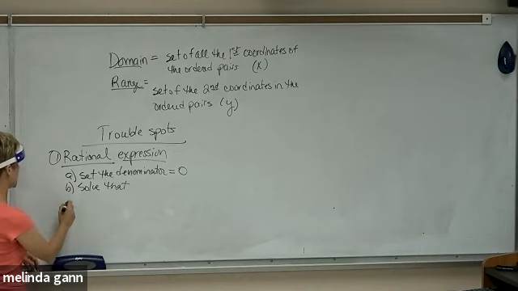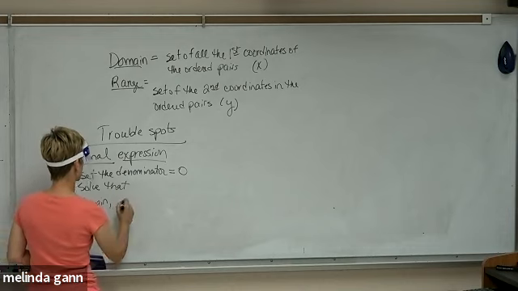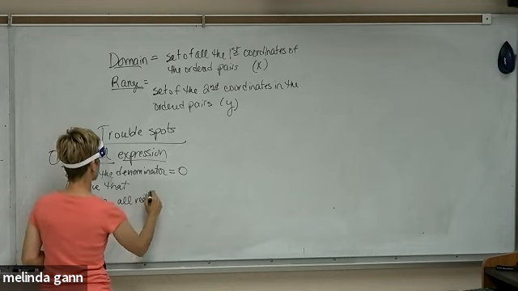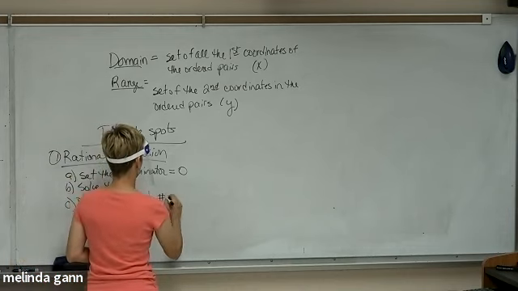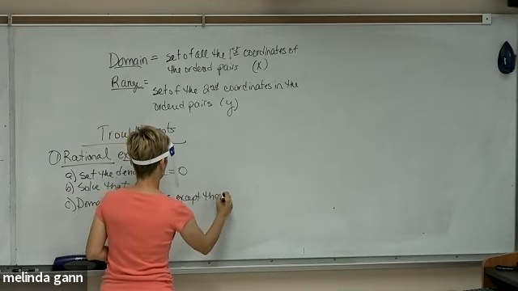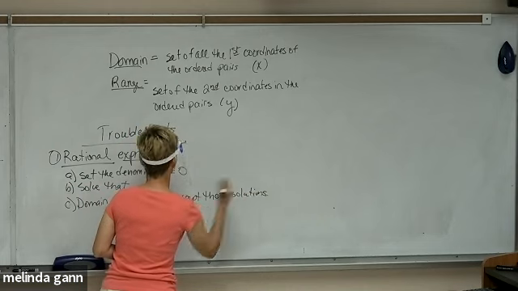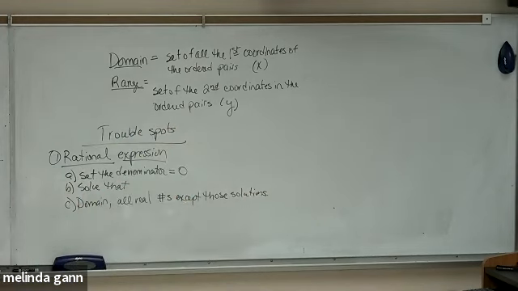But that. So your actual domain is going to be all real numbers except those solutions. Remember, solutions are the numbers that make something true. All right, so you copy that down, and then we'll go do kind of an example of that.